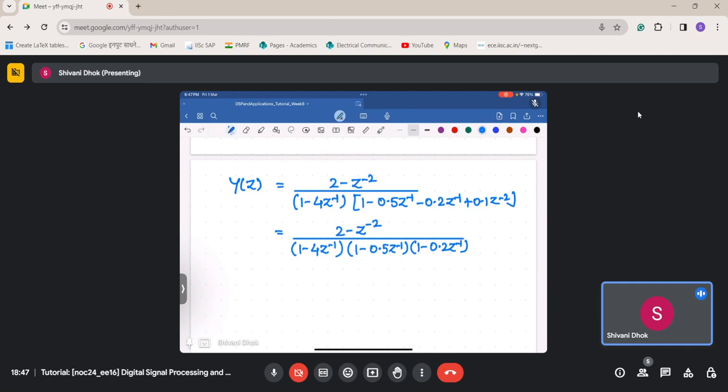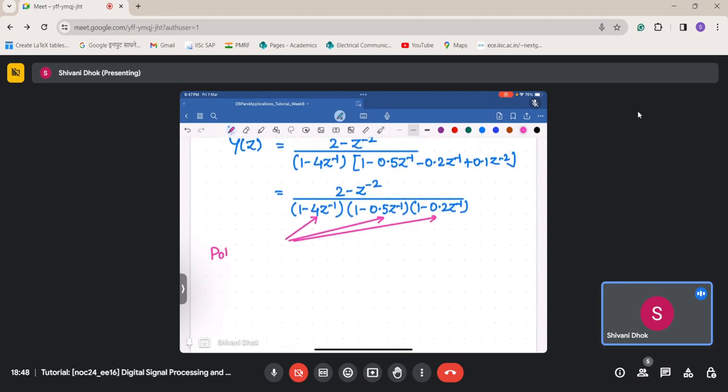Okay, so now if you observe carefully, we have three poles. The poles are at z equal to 4, 0.5 and 0.2.